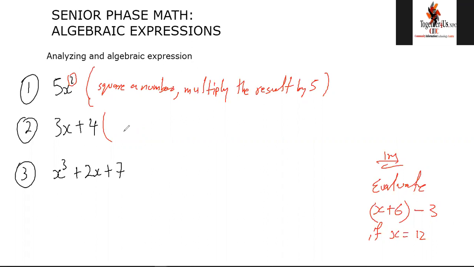Let's look at the second one. 3x plus 4. Well, this says to me, multiply a number by 3, add 4 to the result.